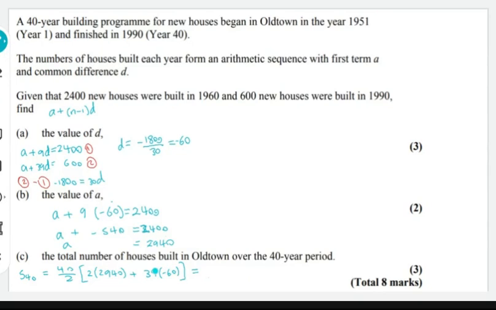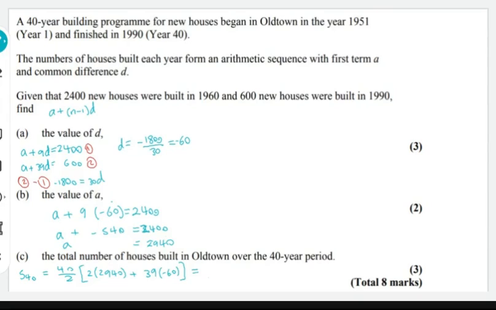Oh wait, I didn't do 40 over 2 times that. My bad. Wait, so if I retype that out, 40. So yeah, 70,800. That may very well be true.